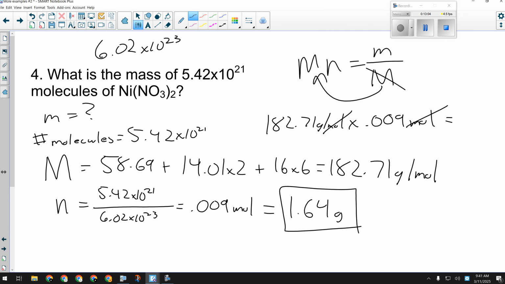Now, what I see oftentimes on quizzes and tests with the mole equation is people second guessing their numbers. Remember, we're dealing with really big numbers and sometimes also really small numbers like this. Sometimes it throws people off when they get a number like this and then they second guess their math.